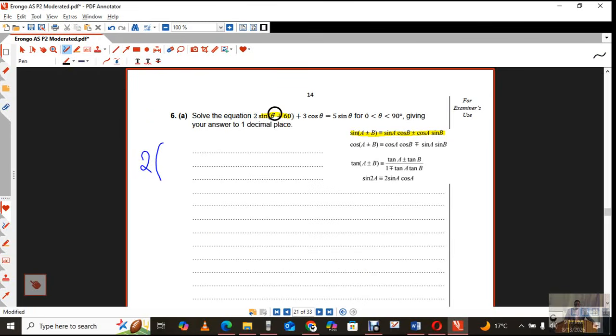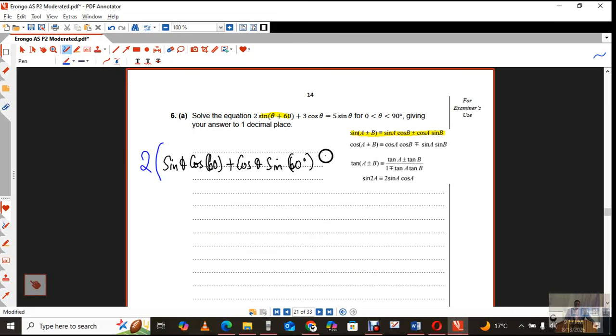Please, this doesn't mean sine theta plus sine 60. That's not what it is. This is a serious mistake. It's sine theta times the cosine of 60 degrees, plus cosine of theta times the sine of 60 degrees. That's what that means.